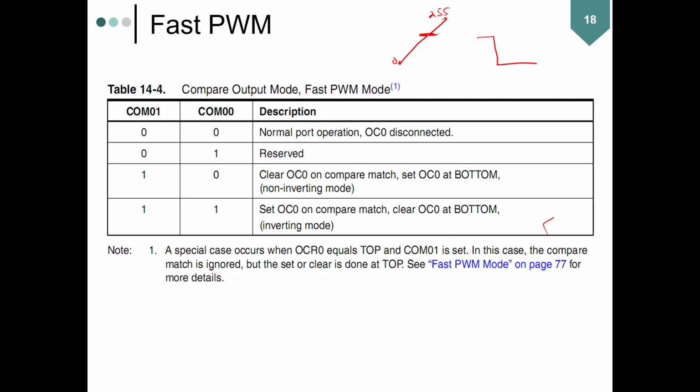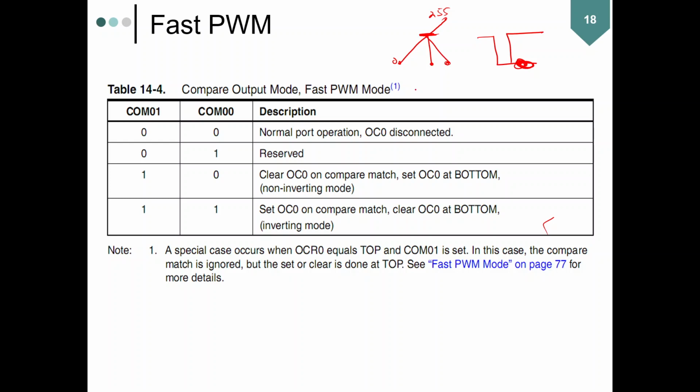Whenever the timer is at the bottom, it sets OC0. So it is going to be a signal somewhat like this.